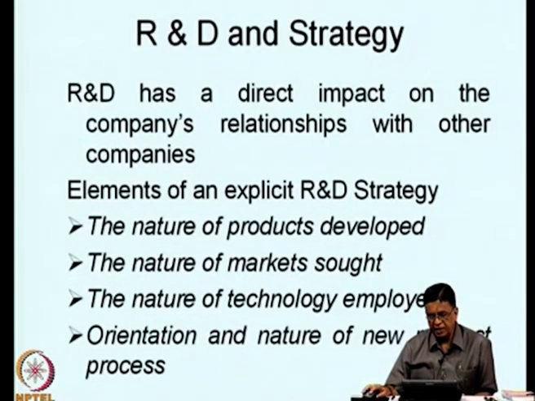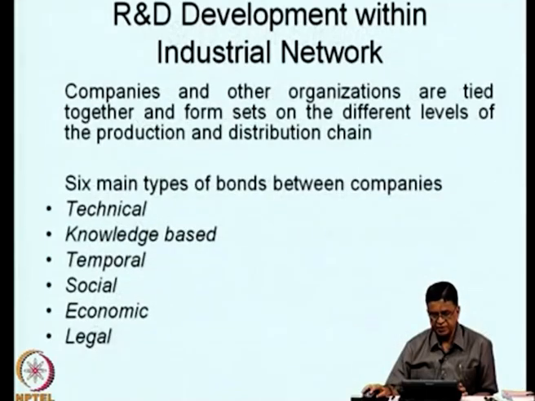Then we looked at R&D and strategy, that is what are the elements of an explicit R&D strategy. It should look at the nature of products developed, the nature of market sought, the nature of technology employed, the orientation and nature of new product processes.